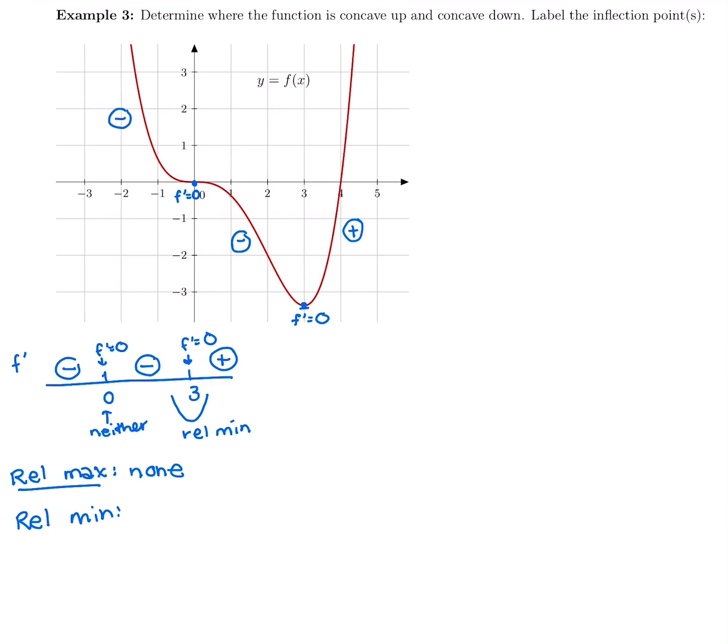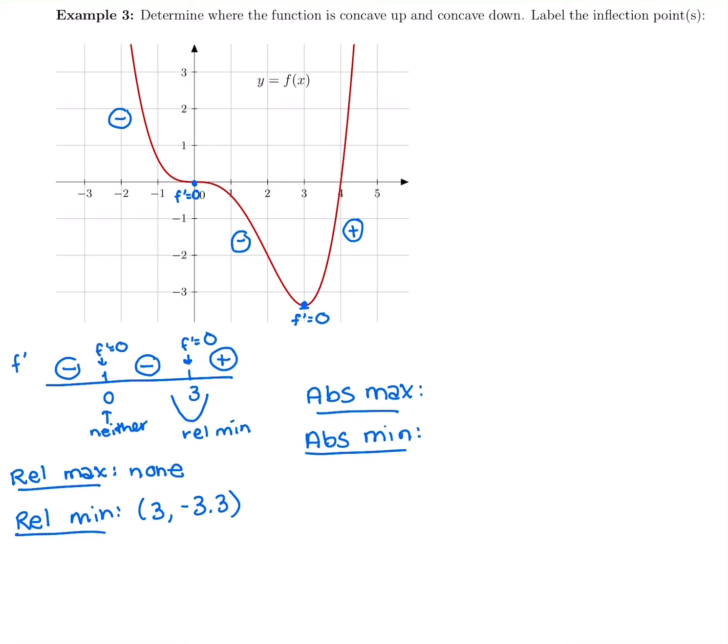So we need to find the y value of the point. So the point is at 3, comma, maybe negative 3.3. Hard to tell because it's a decimal. Now, if we try to find absolute max and min, all we're doing is comparing our critical numbers to our end behavior.